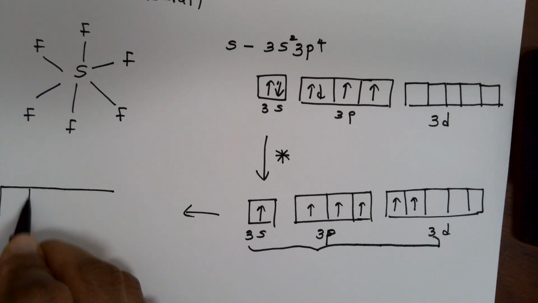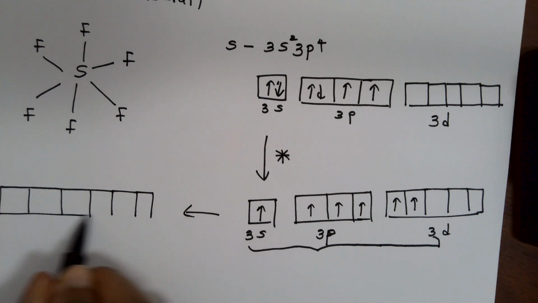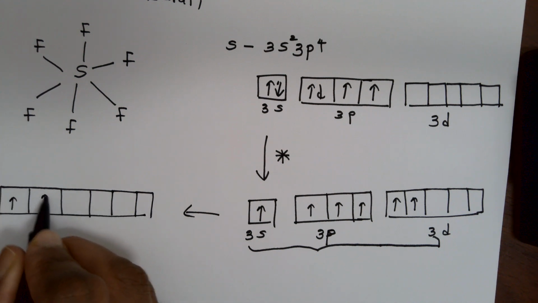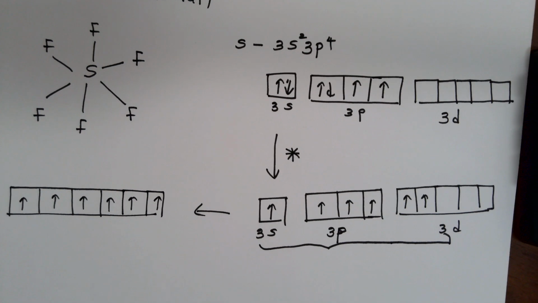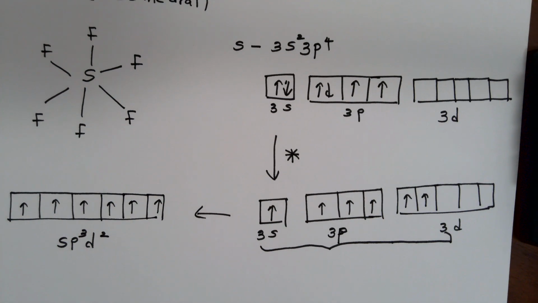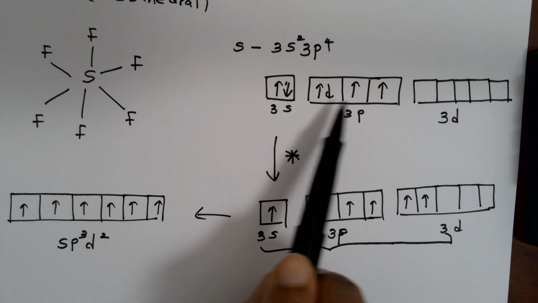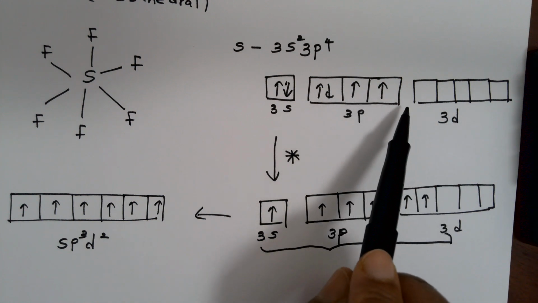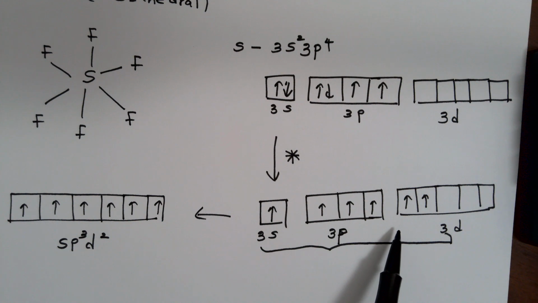They are equal in size and equal in shape, one lobe is large, the other side lobe is small, and they are singly occupied. So these are sp3d2 hybridized orbitals. First we pick the central atom, and then the central atom's valence shell looks like this, and after that we promote electrons to get singly occupied electrons, because we need 6 bonds, so we got 6 singly occupied electrons.